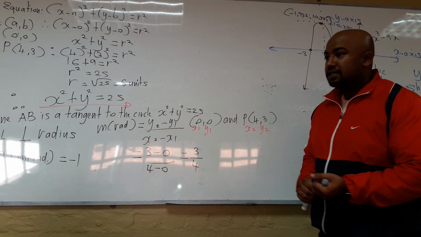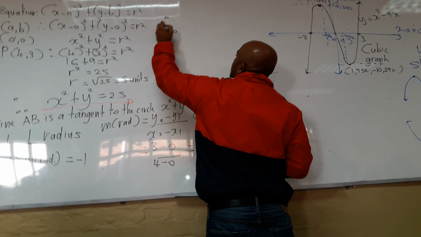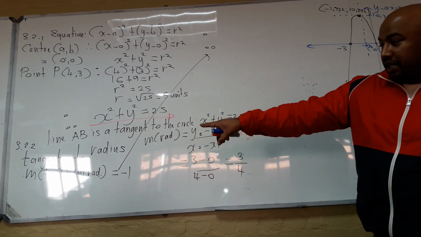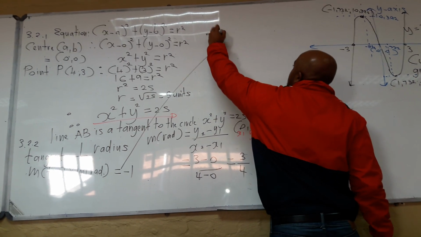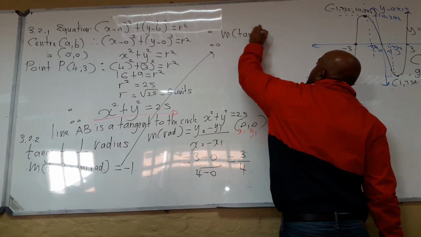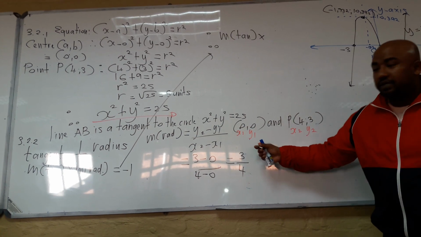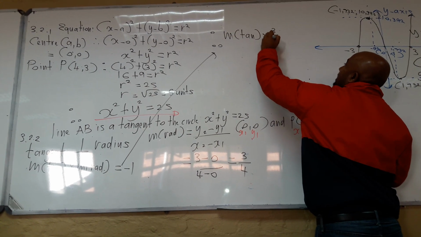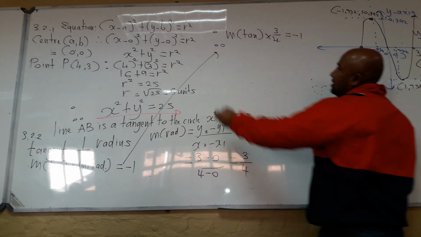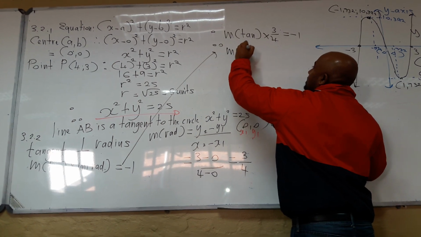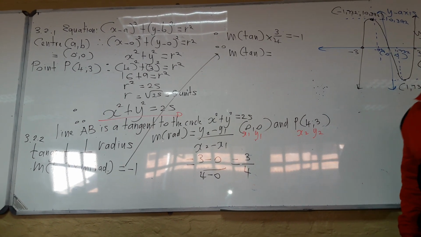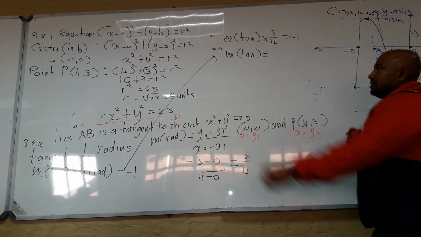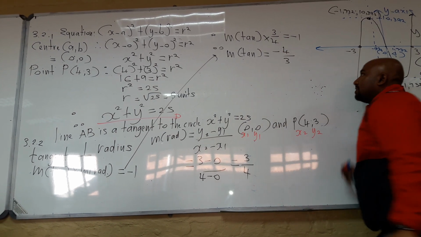We can substitute into this equation: m tangent times m radius, which is what we just worked out, which is 3 over 4, is equal to minus 1. So therefore, m tangent, you can do this in your head: minus 1 divided by 3 over 4. What will it be? Minus 4 over 3.